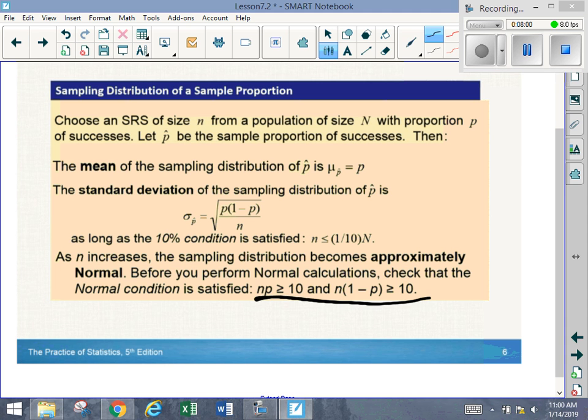You're going to be asked a problem, and you will have to make some sort of statement about it. Oftentimes, you'll want to use a normal distribution in order to calculate a probability or a proportion. Before you can do so with a sample proportion, you have to check that the sample size times what you would estimate the population proportion to be is greater than or equal to 10.